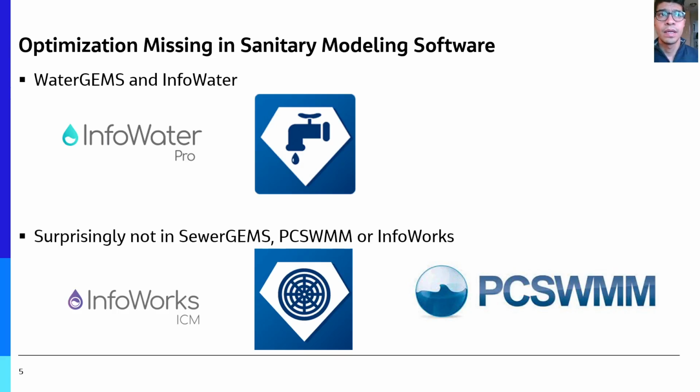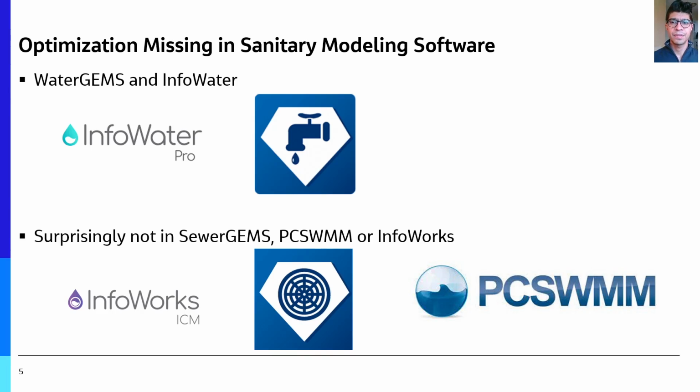If you'll remember from my other talk about the application of optimization in water distribution systems, when compared to this session, which is mainly about sanitary, there is a surprising fact that software packages like WaterGEMS and InfoWater already have optimization toolboxes in them for calibration, and for any other kind of design optimization or operational optimization.